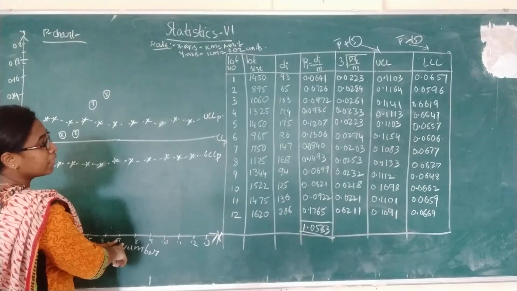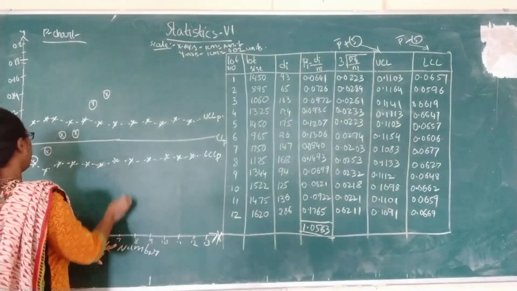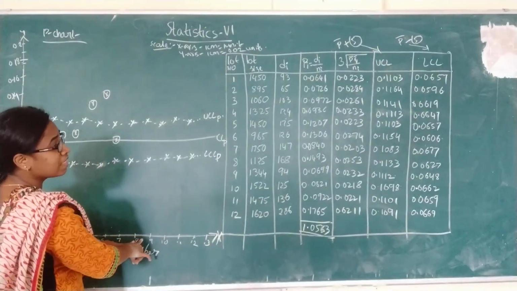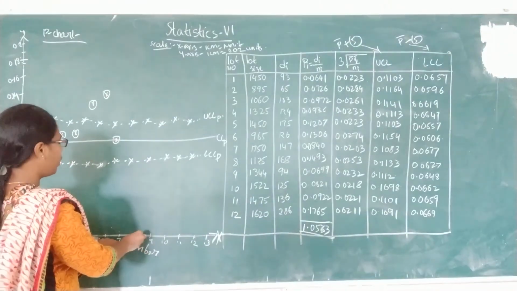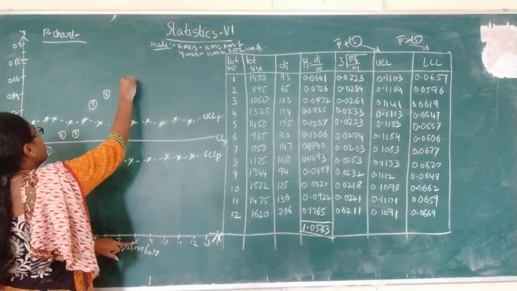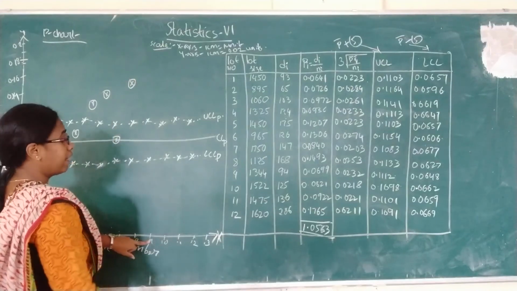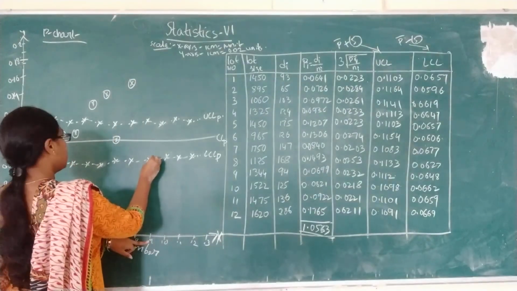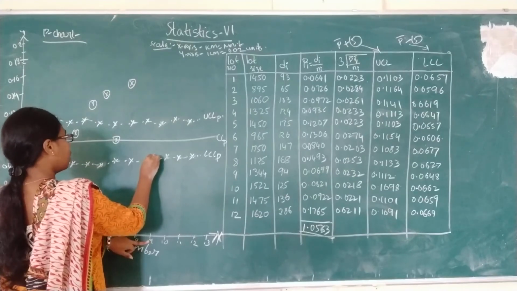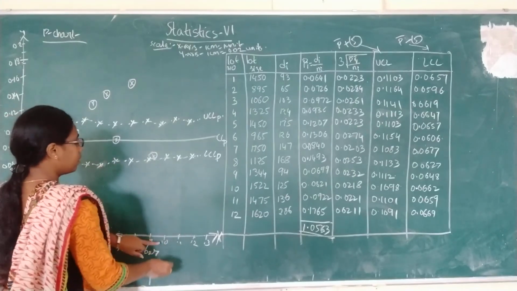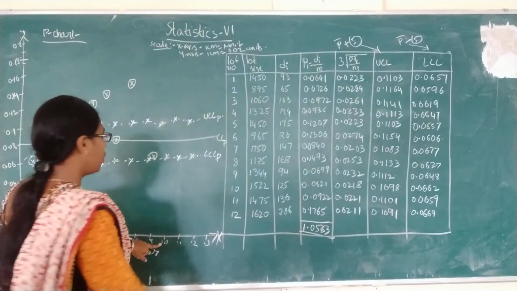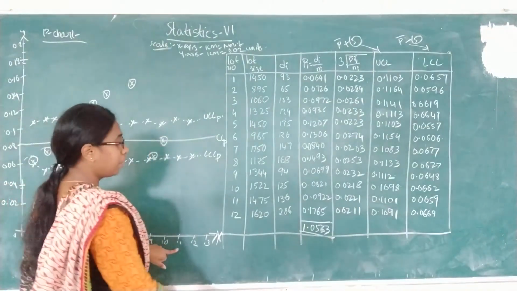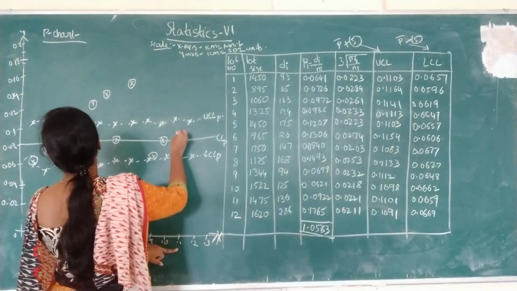Seventh value is 0.08. Eighth value is 0.14. This is also above UCL. Ninth value is 0.06. Tenth value is 0.08. Eleventh value is 0.09.